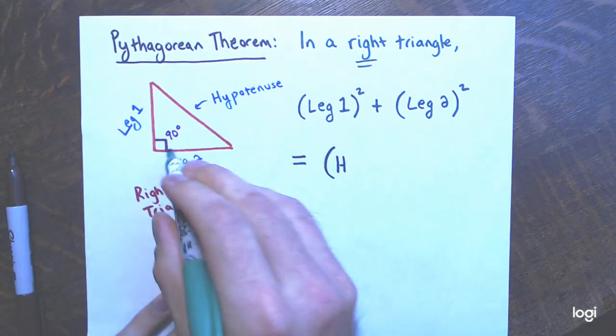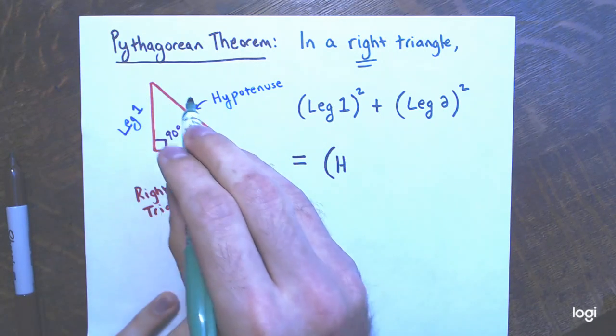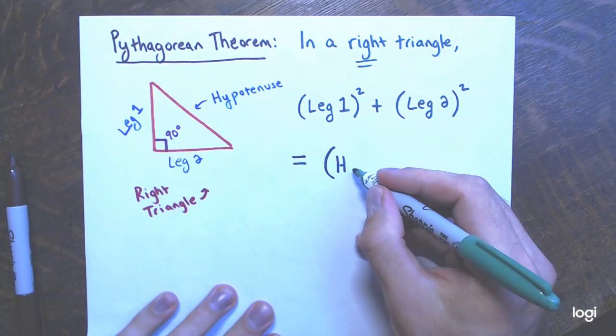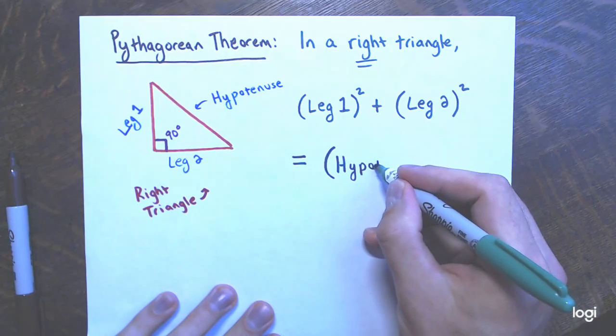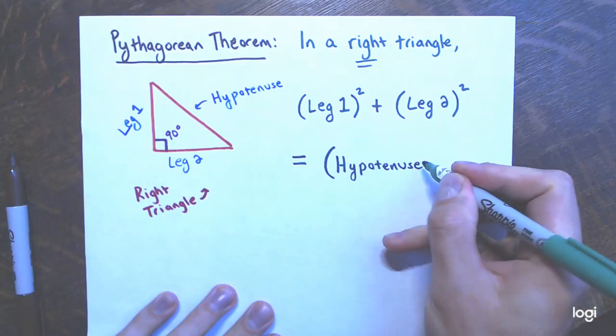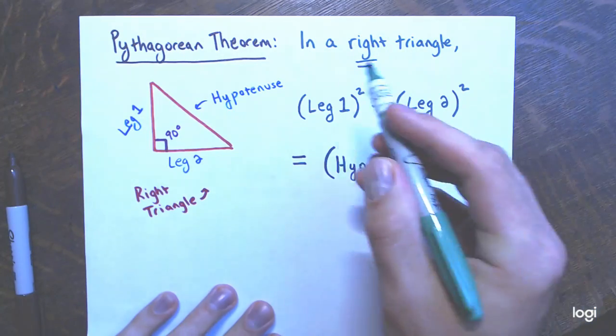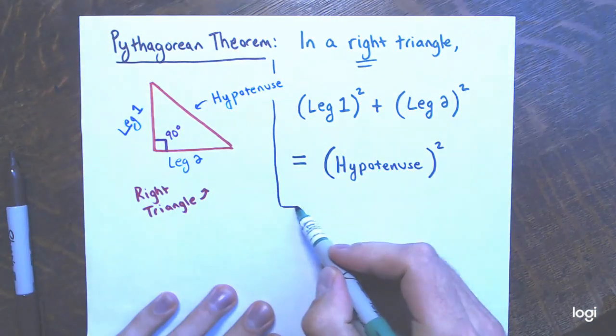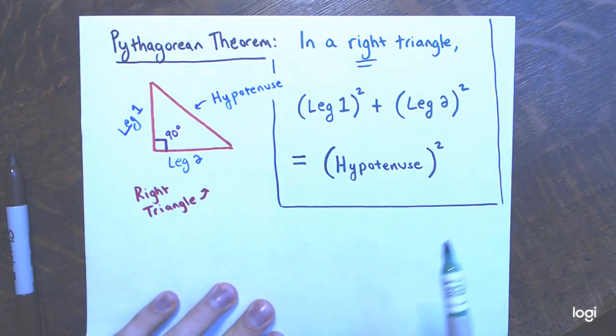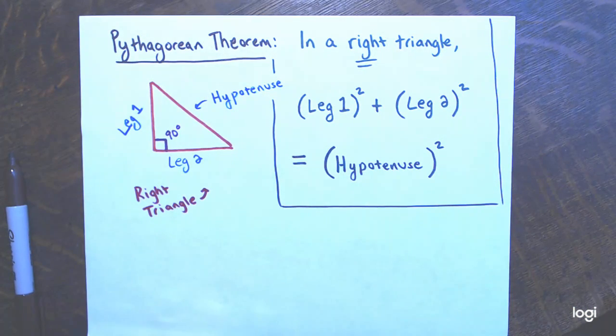So whatever the length of this longest side is, the side opposite the 90-degree angle, that length squared. All right, so this is the Pythagorean theorem, a statement about right triangles only.